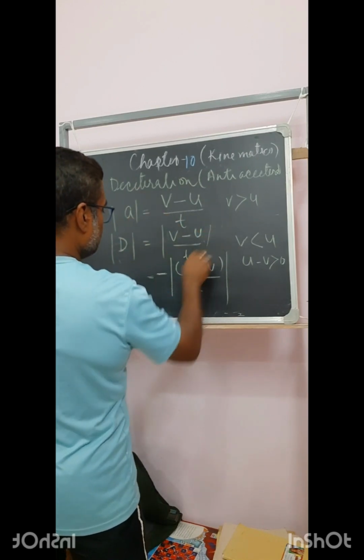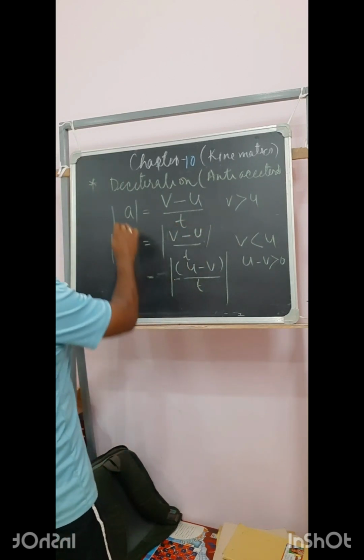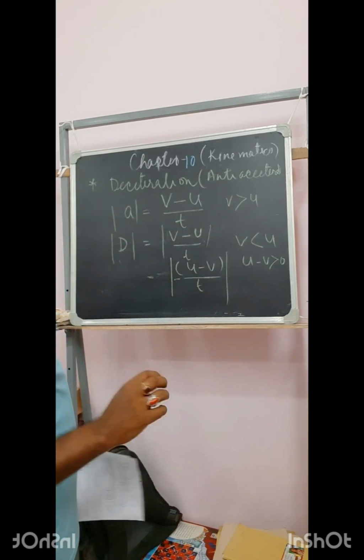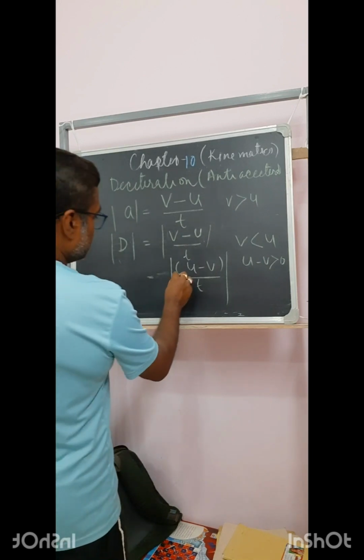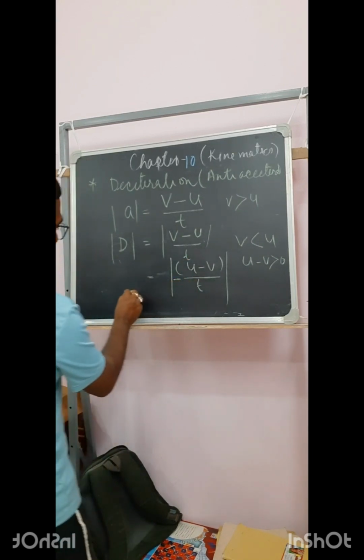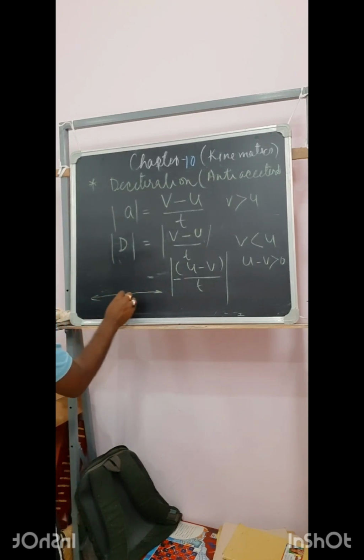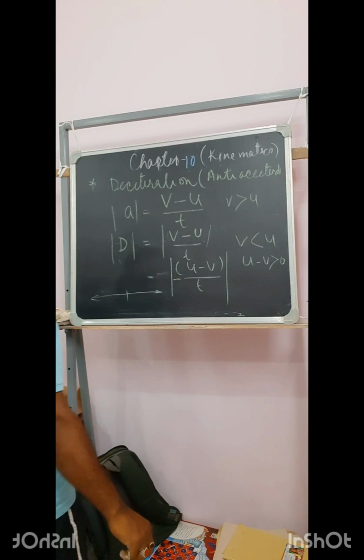If I take the mod value of this and the mod value of this, the magnitudes of both will be the same. A and D will be, magnitude wise, both the same. But this minus will be treated as the opposite, because acceleration and deceleration are vector quantities.